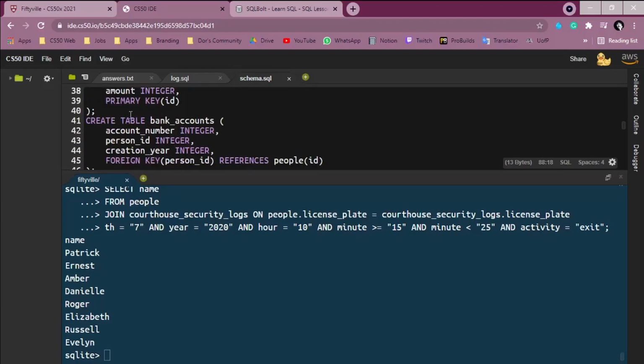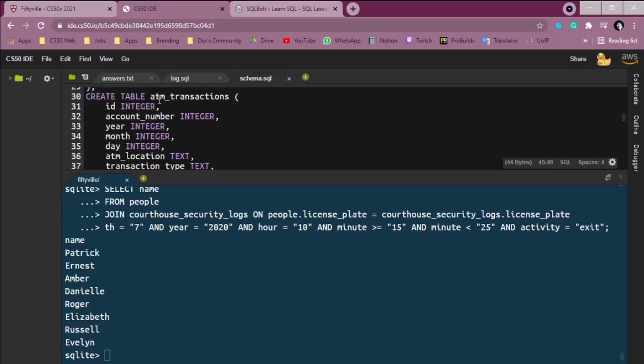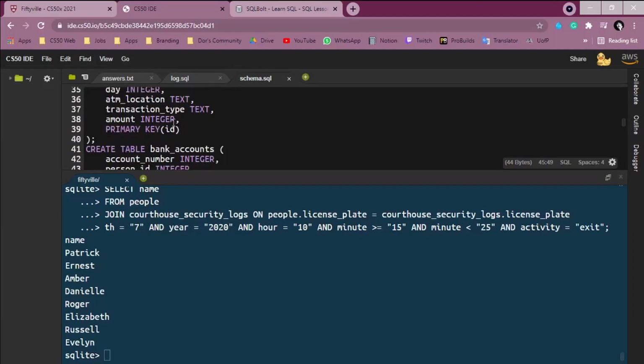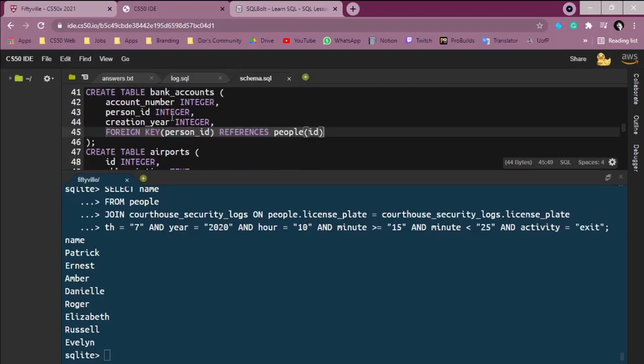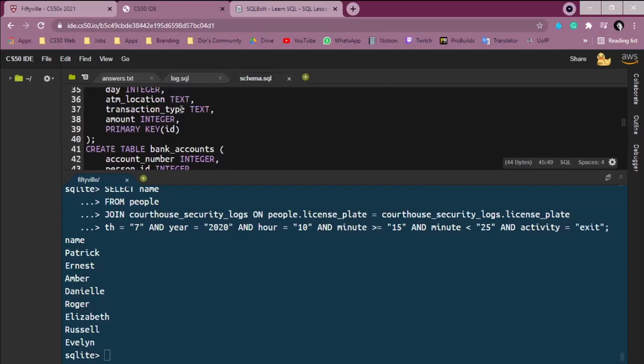With the bank account we can get the name of the person. Why can we get the name of the person? Because we have here the foreign key, person ID, that references people ID. So we're going to use 3 tables in this case: the table of ATM transactions, the table of bank accounts, and the table of people.